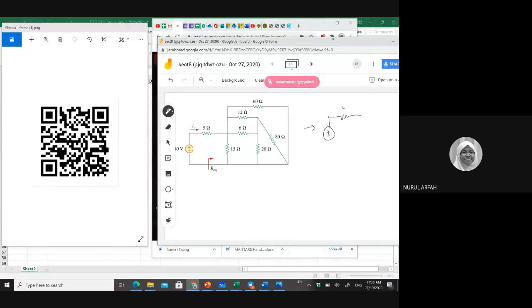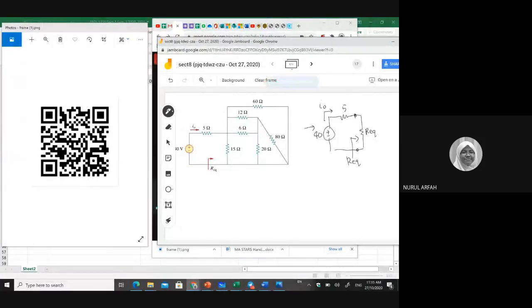This is 5 ohms, and then this is the R equivalent, looking from this side. You're going to simplify the whole circuit on your right side into R equivalent. Then this is 40, and you're going to find what is I naught.